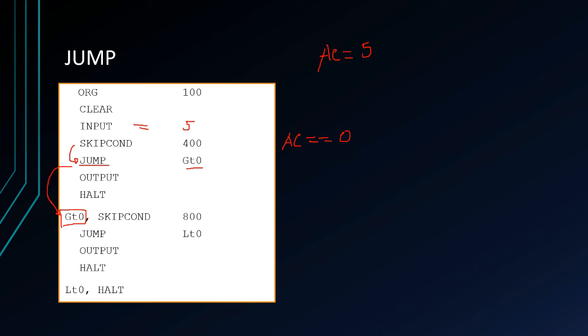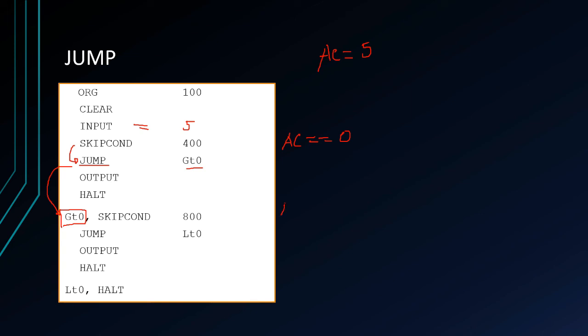Okay, once we jump here sa GT0, we are going to run the SKIPCOND condition, SKIPCOND 800. So, ang SKIPCOND 800 is AC greater than 0. So, remember, yung AC natin is equal to 5.